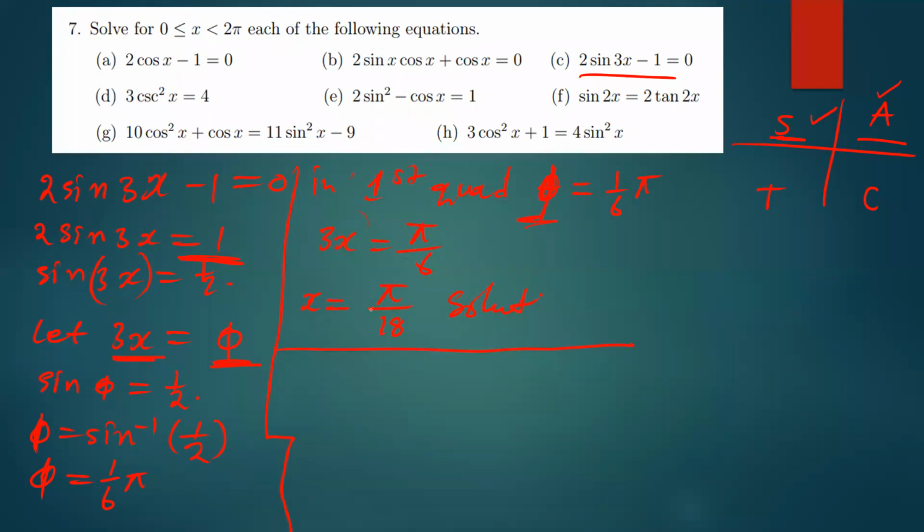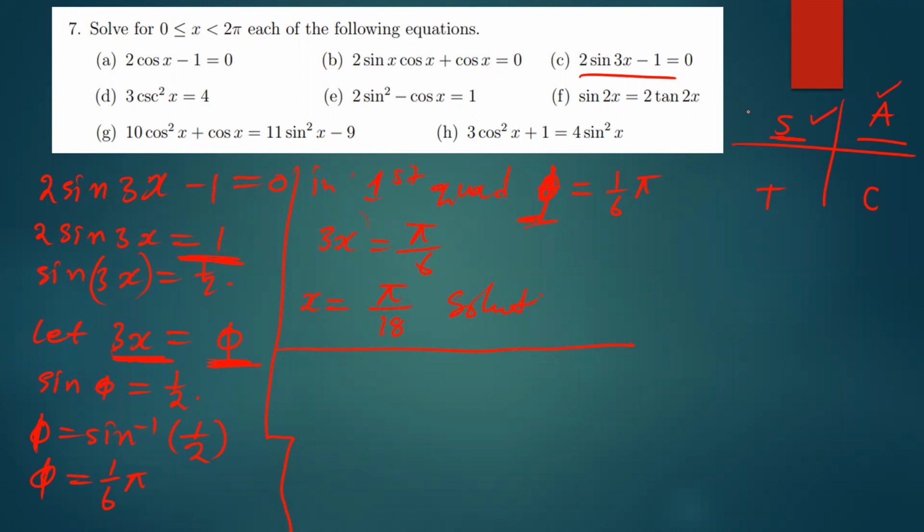But the easiest way, if you don't want to make a mistake, is to first let it be equal to any variable. You can use phi, x, y, z, anything, so that you don't get confused in the process of solving, because there are some trig equations which are more complex than this. If you don't do this, you end up getting confused at one point as you solve.